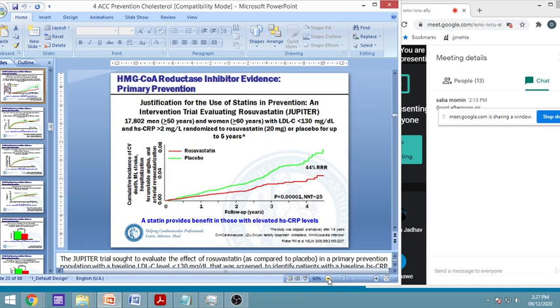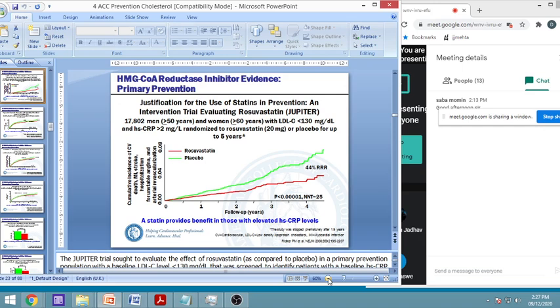Then next is the HMG-CoA reductase inhibitor evidence. It was shown around 44% when rosuvastatin was used, and that was the Jupiter trial, justification for use of statin in prevention, an intervention trial evaluating rosuvastatin, that is JUPITER.